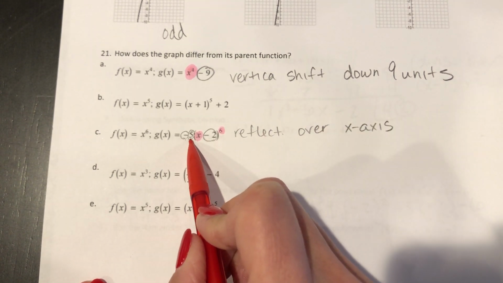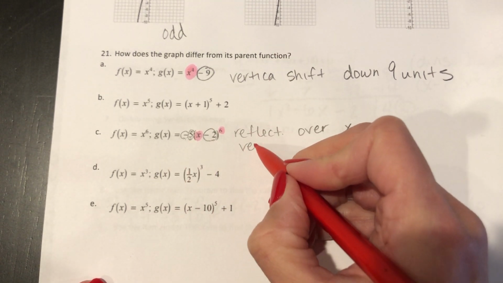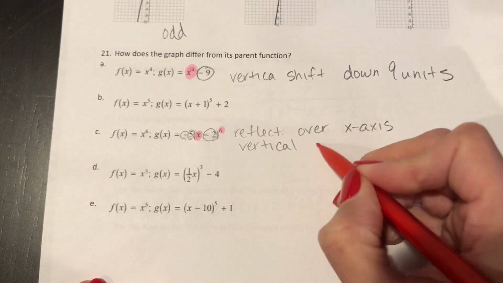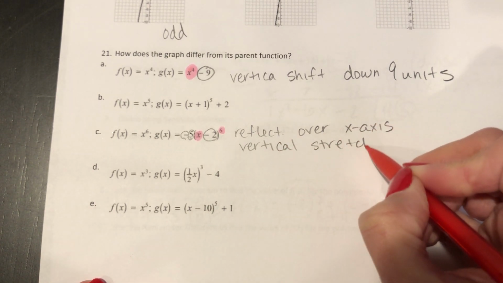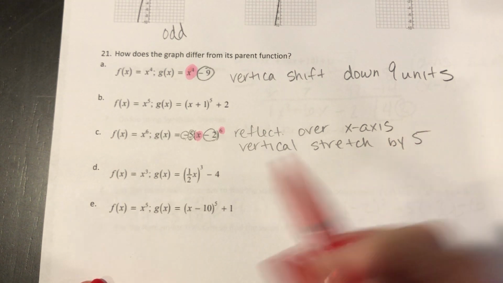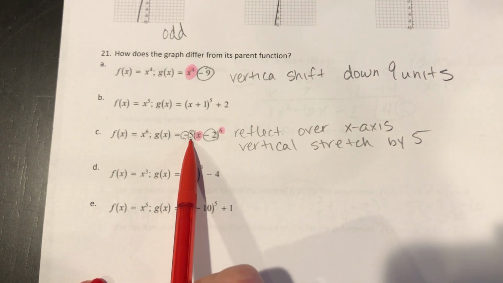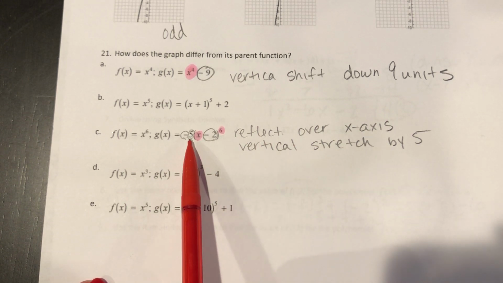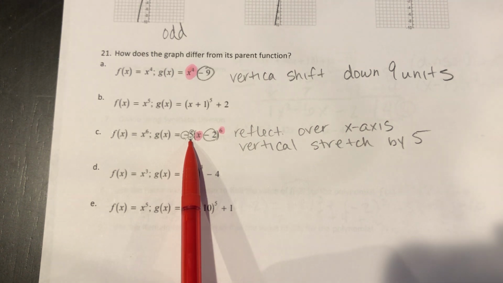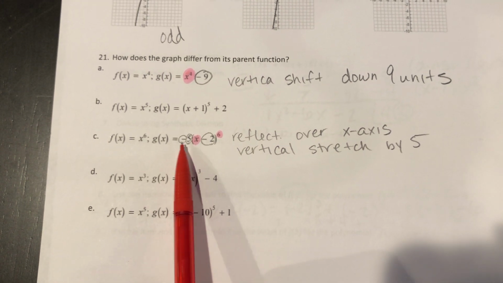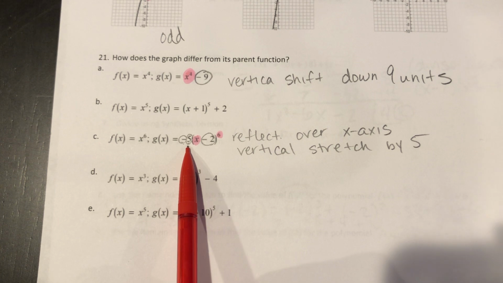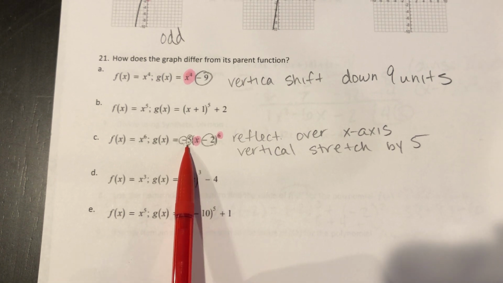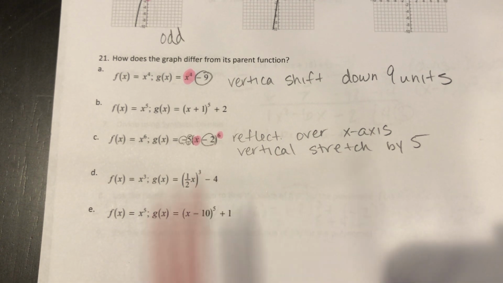This 5 out in front makes it a vertical stretch by 5. So remember, if it's a whole number greater than 1, which 5 is, that's a stretch. If it's a fraction less than 1, like 1/2 or 2/3, that would be a compression. But this is not a fraction, and 5 is greater than 1, so that's a stretch.